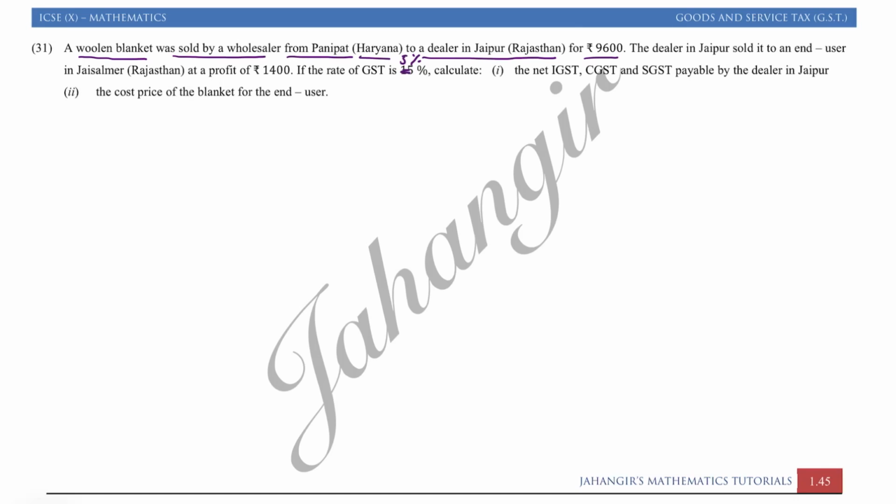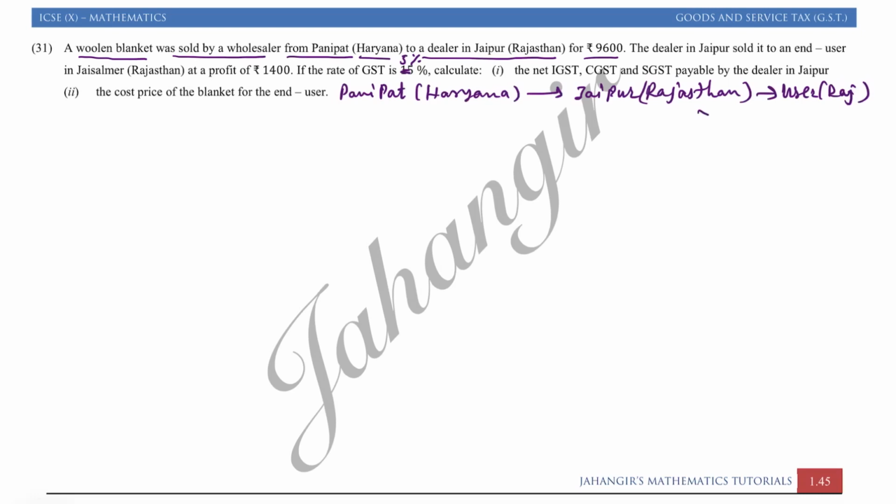So first of all, dealer from Panipat, Haryana to Jaipur, Rajasthan, and from Jaipur to end user, it's Rajasthan.